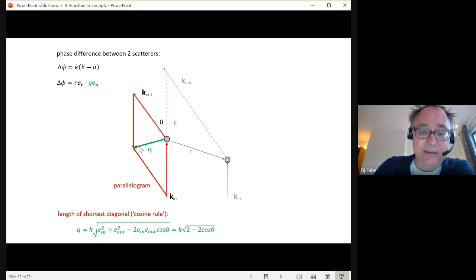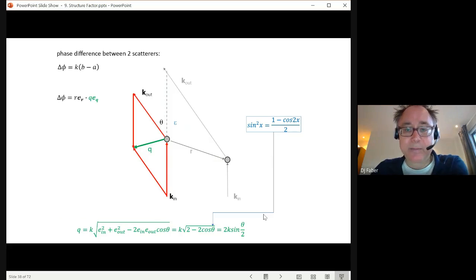For that, you can use the cosine rule to calculate the length of that diagonal that is given here in terms of unit vectors. And if we write that in terms of the magnitude of k, then the result is the length of q is going to be k, the magnitude of k, times the square root of 2 minus 2 cosine theta. So that is this theta that lives here, but also here. That one we can manipulate a little bit.